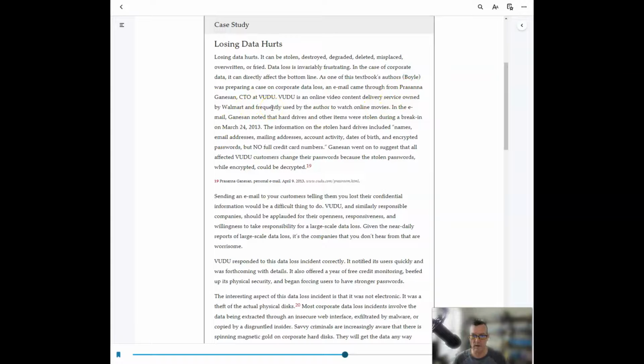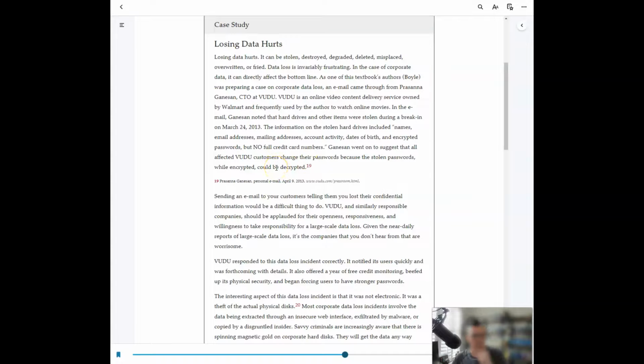Now, many of you have probably watched a movie or a TV show on Voodoo.com. It's kind of a content delivery service. I think it's one that was started by Walmart, actually, to compete with Netflix. So this was provided from the context or perspective of the Chief Technology Officer of Voodoo.